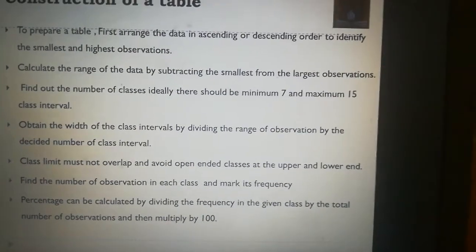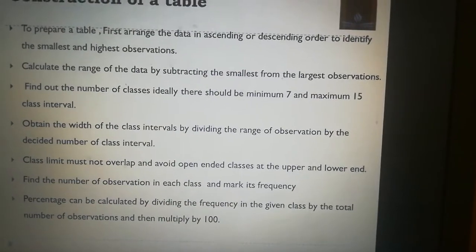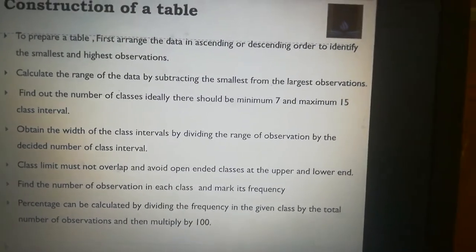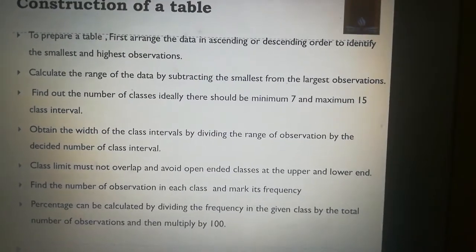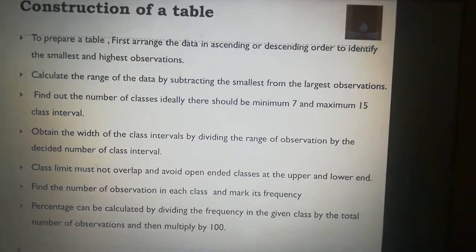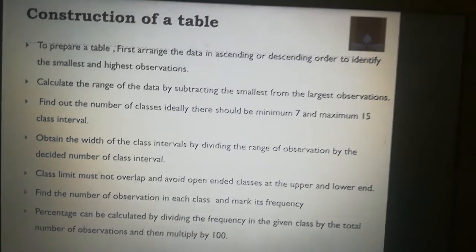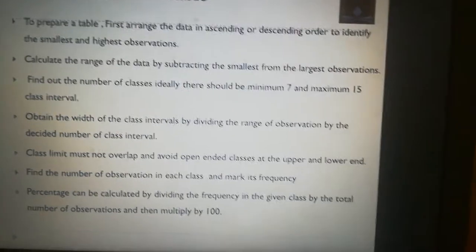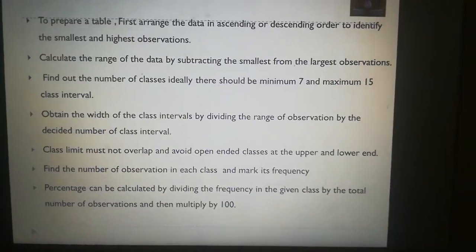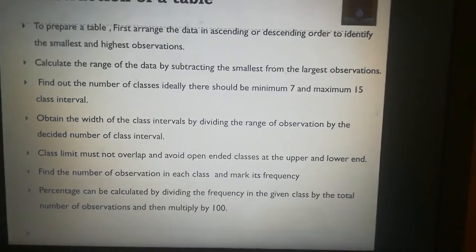Based on that, divide the range by the number of class intervals so that you get the width of the class interval. Based on that, you can categorize the class limits and the observations made. You can mark them against each class interval, and later you can find out the percentage. Simple.